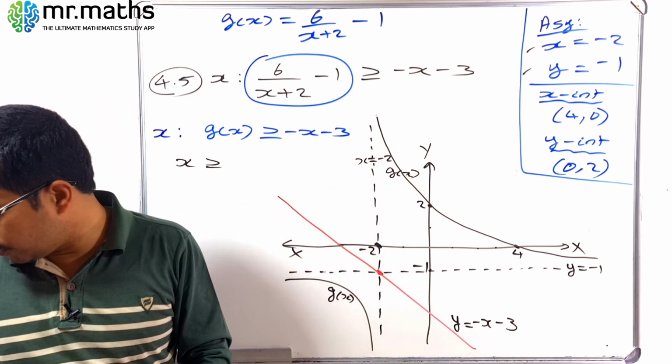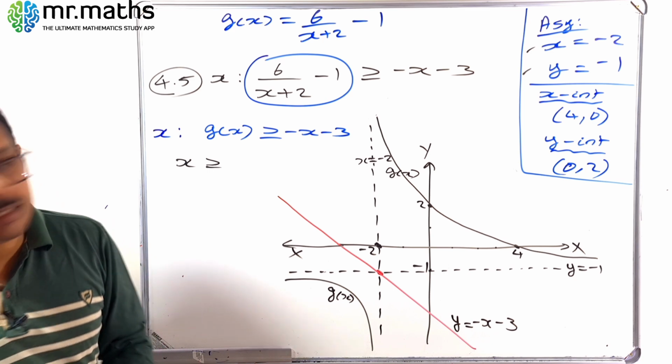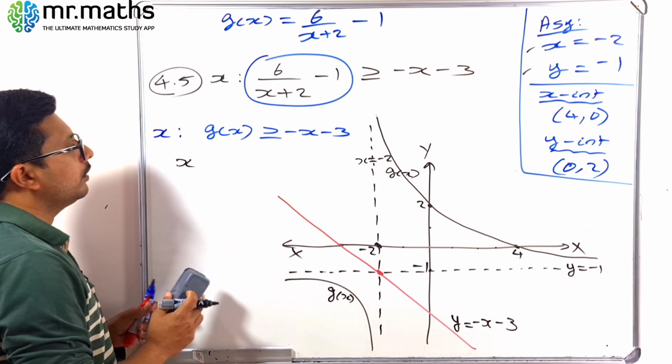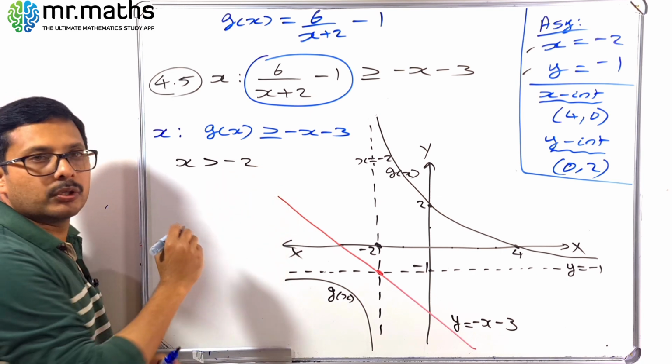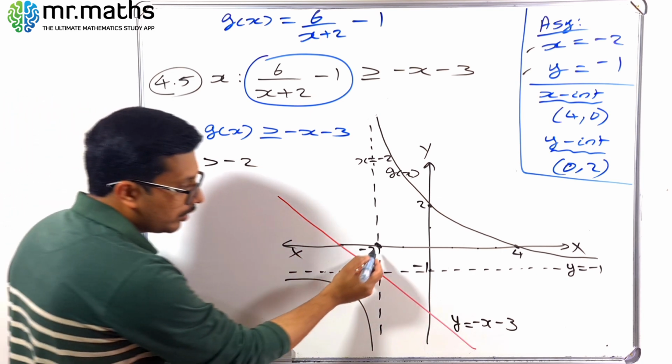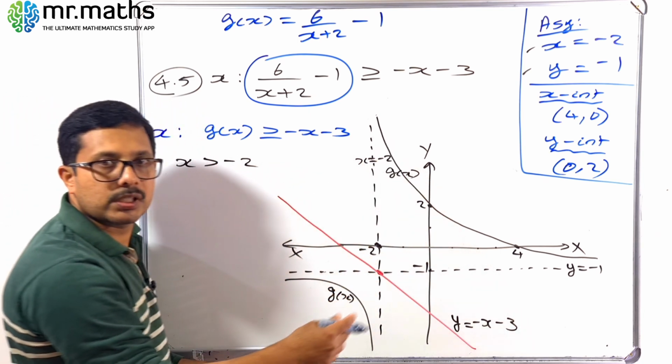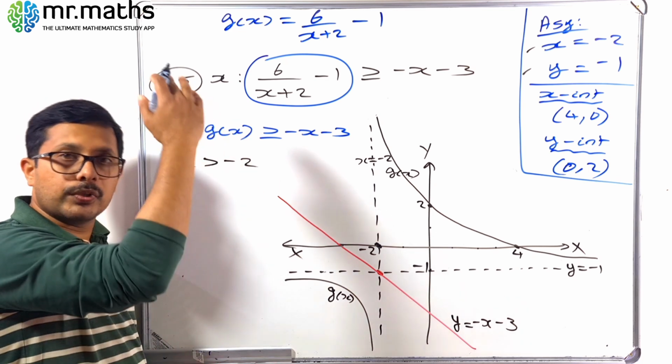So you have to say when x is greater than minus 2, because when x is equal to minus 2 there is no g of x. Then how can we say that g of x is on top?